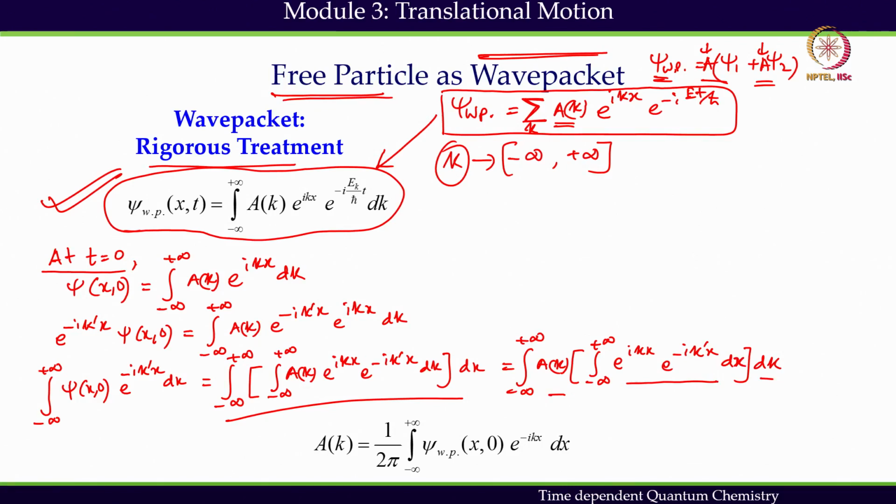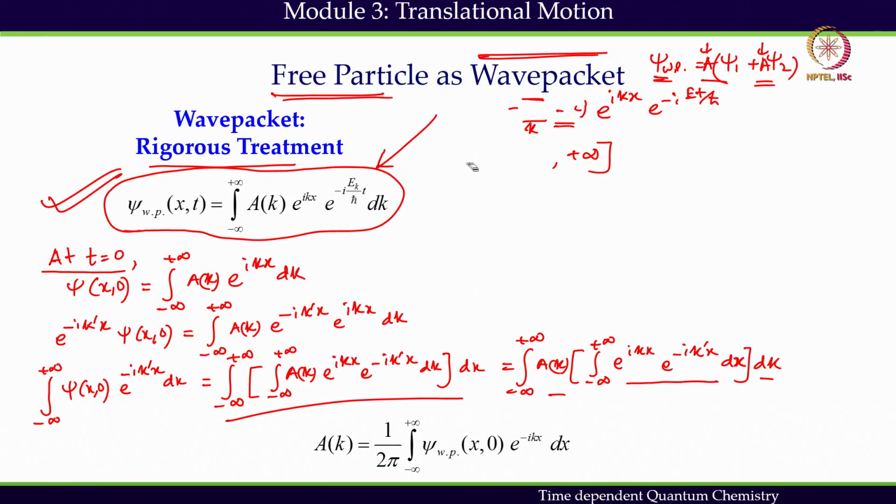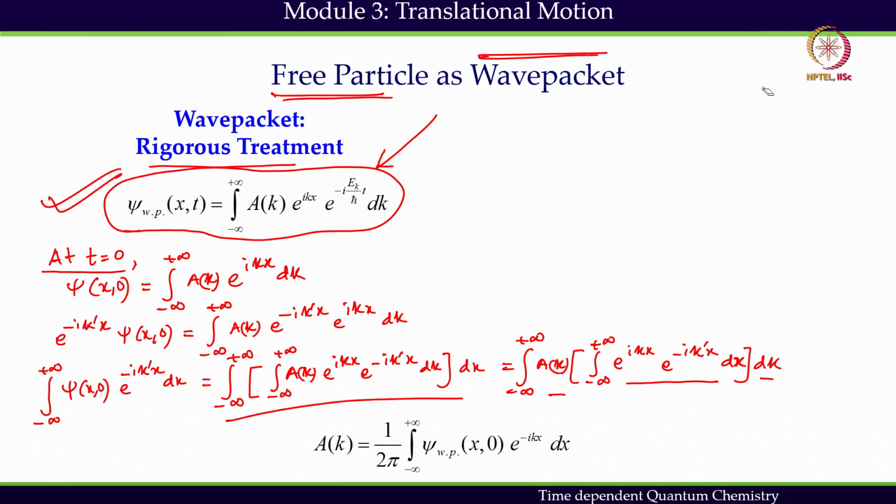And if we do that, then we can use one property of the Dirac delta function, and the property is the following: delta function of k minus k dash equals 1 by 2 pi, minus infinity to plus infinity e to the power I k x e to the power minus I k dash x dx.